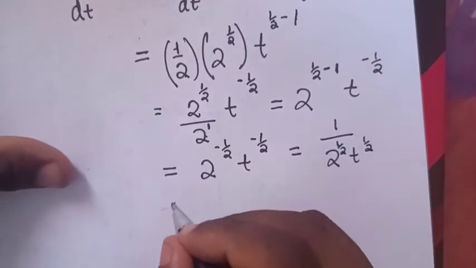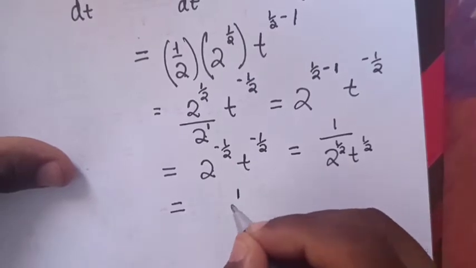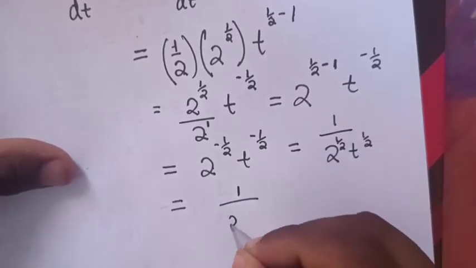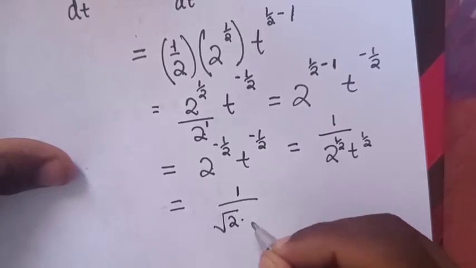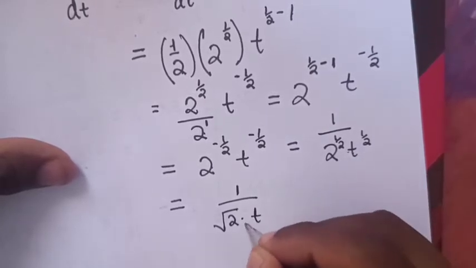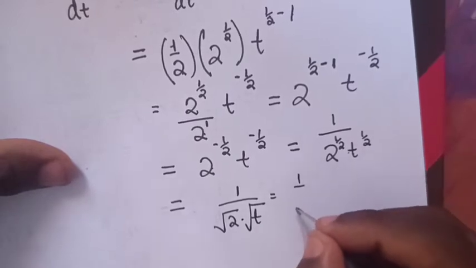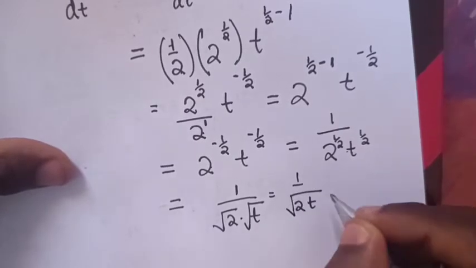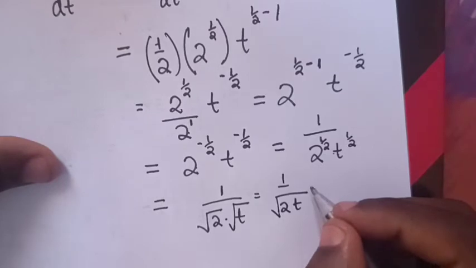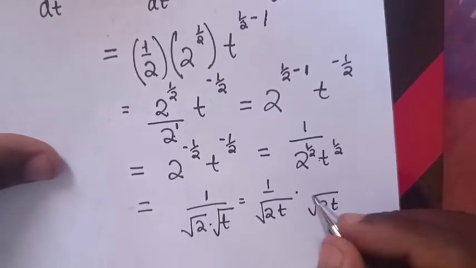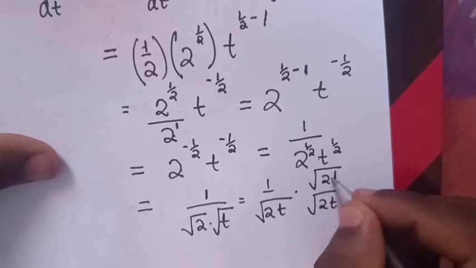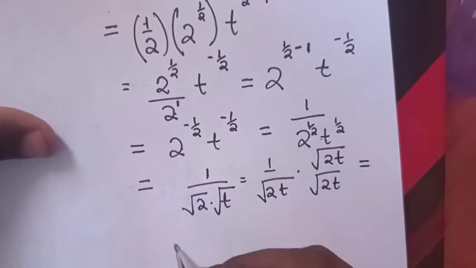Now we know a half is the same as square root, so it's equal to 1 over square root of 2 times square root of t. So this will be 1 over square root of 2t. We can rationalize the denominator from here, but the answer is okay. So let's rationalize it. Multiply by square root of 2t in numerator and denominator.